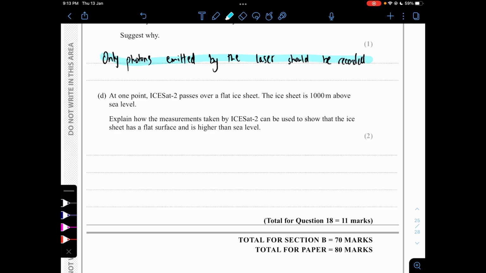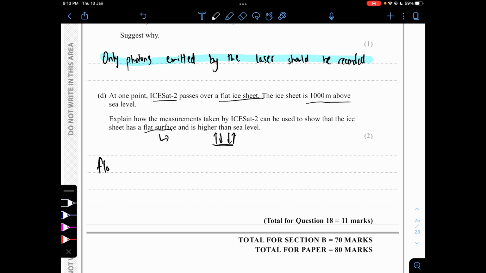At one point, a satellite passed over a flat ice sheet. It is 1,000 meters above sea level. Explain how the measurement taken can be used to show how the ice sheet has a flat surface and is higher than sea level. So flat surface would mean it takes the same time to come back, right? If it's a flat surface, it should take the same time to go down and back.